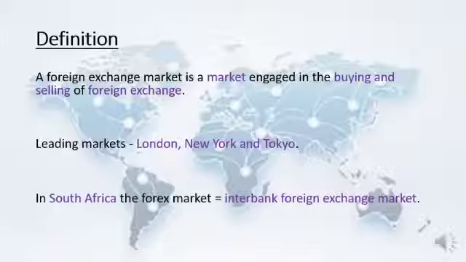Please remember, it's not a physical location or actual place. The Forex market is basically just what's used to describe when we talk about all the transactions that are involved in the swapping of currencies. So this happens mostly in banks, but there are also different bureau de changes.